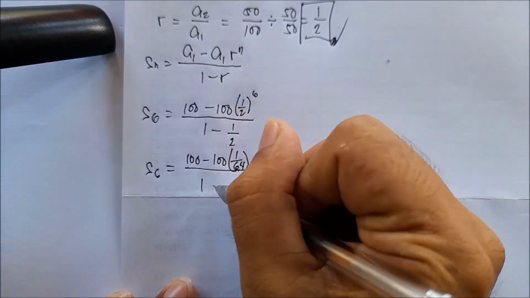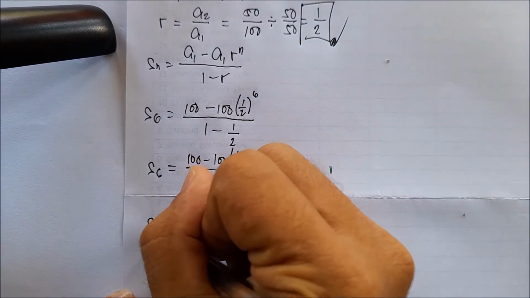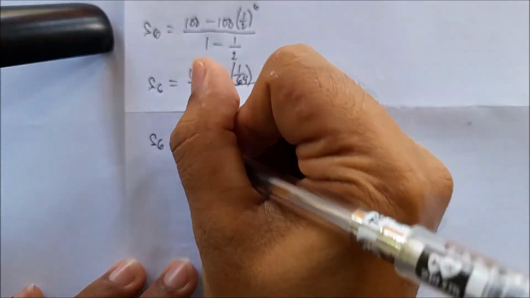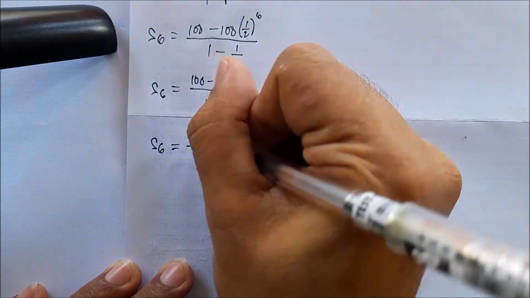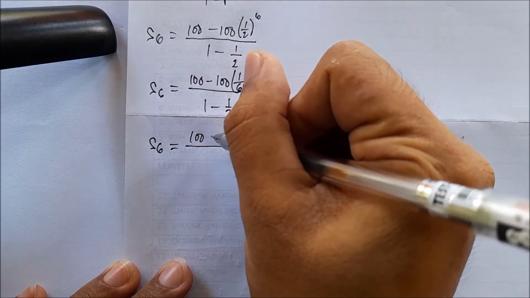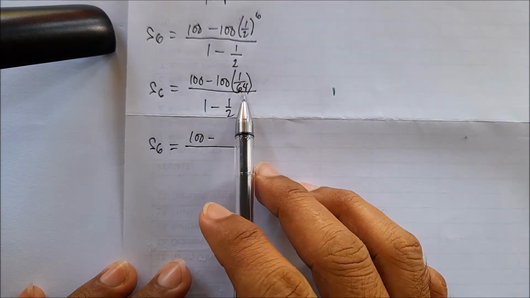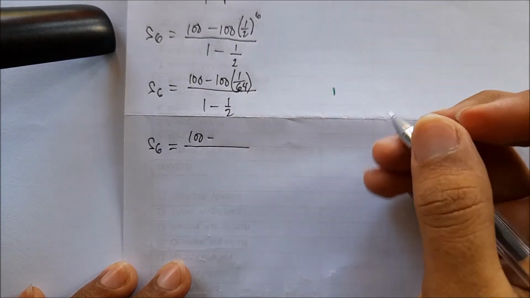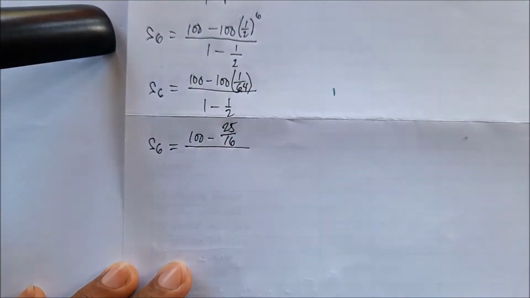S sub 6, 100 times 1 over 64 is equal to 25 over 16.